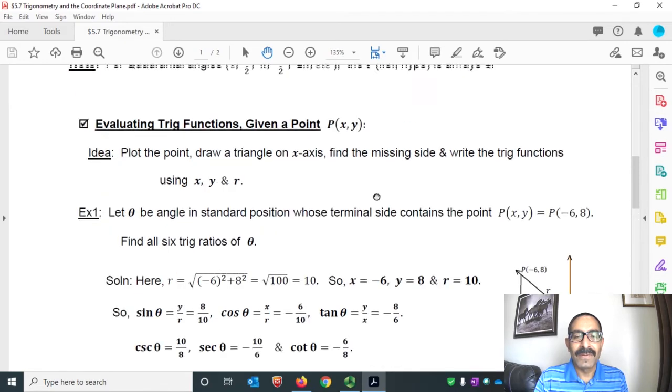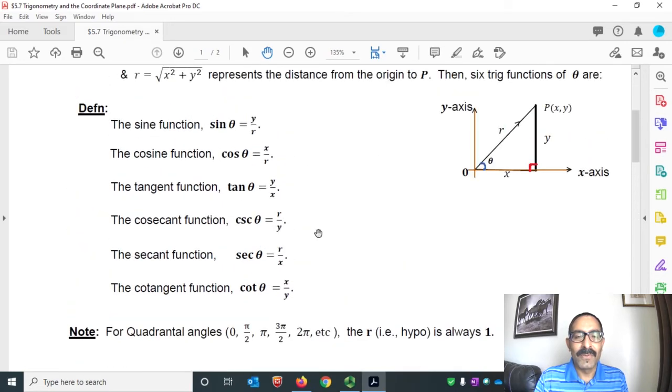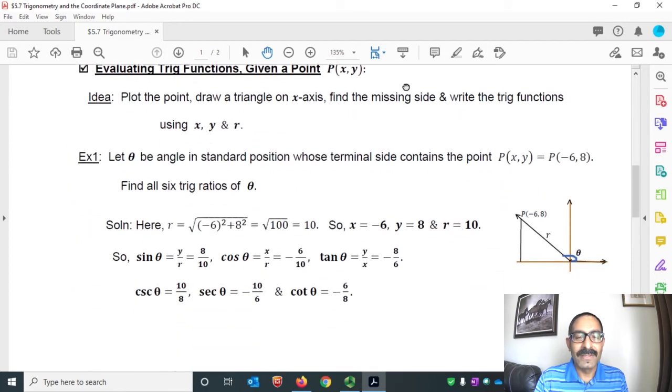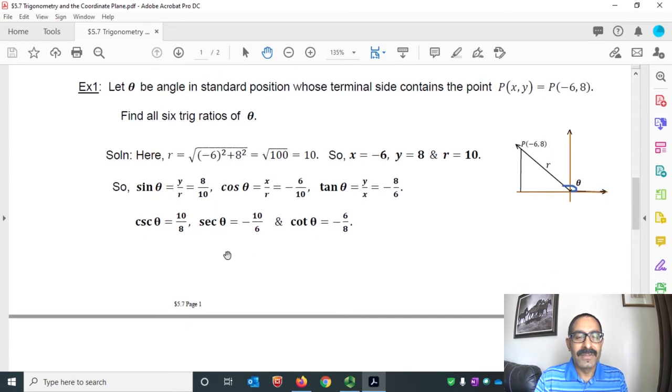Then we have the formulas here. Using those formulas, now let's find the 6 trigonometric functions. So sine theta equals y over r, 8 over 10. Cosine theta is x over r, minus 6 over 10.